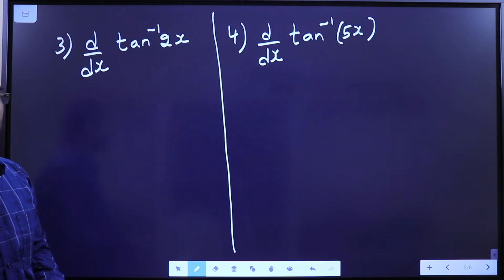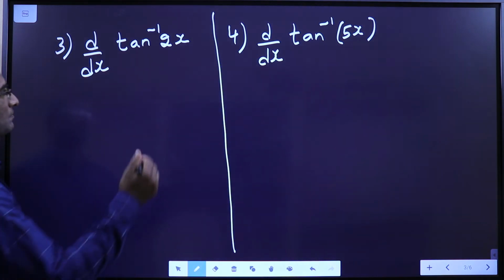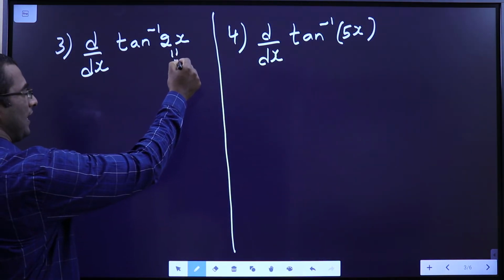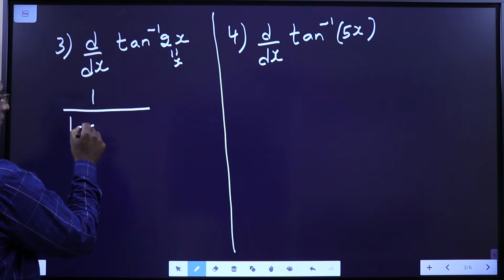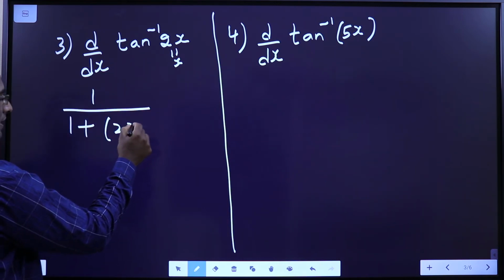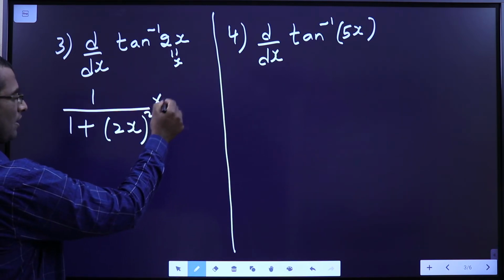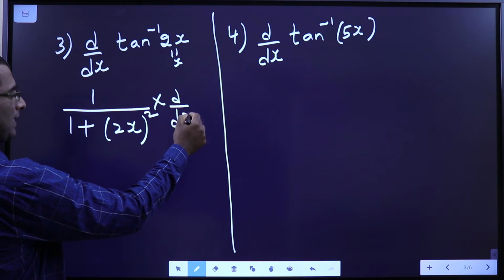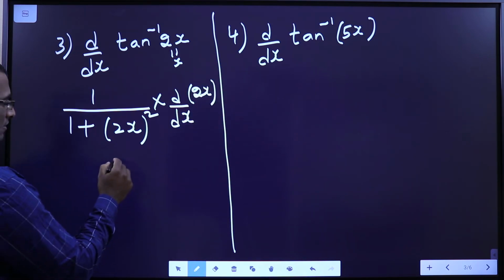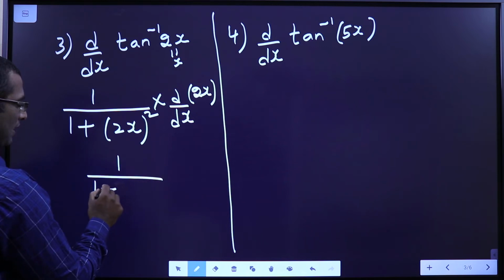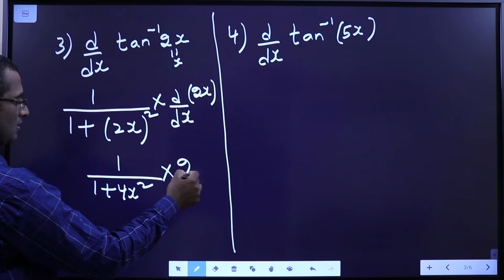Now the next one. If I want to differentiate tan inverse 2x, in place of x I have this, so the differentiation of tan inverse x is 1 by 1 plus x square. So 2x whole square into d by dx of, in place of x whatever you have, 2x. So 1 by 1 plus 4x square into d by dx of 2x, which is 2.